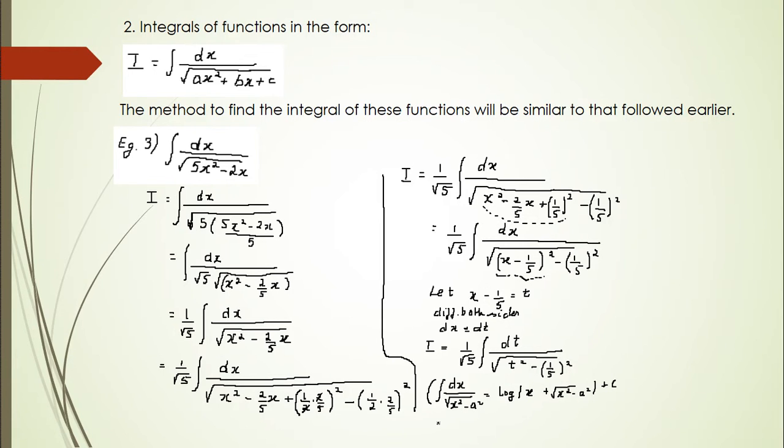Therefore, here I can write I is equal to 1 by root 5 integral of log of t plus root of t square minus 1 by 5 square plus c.